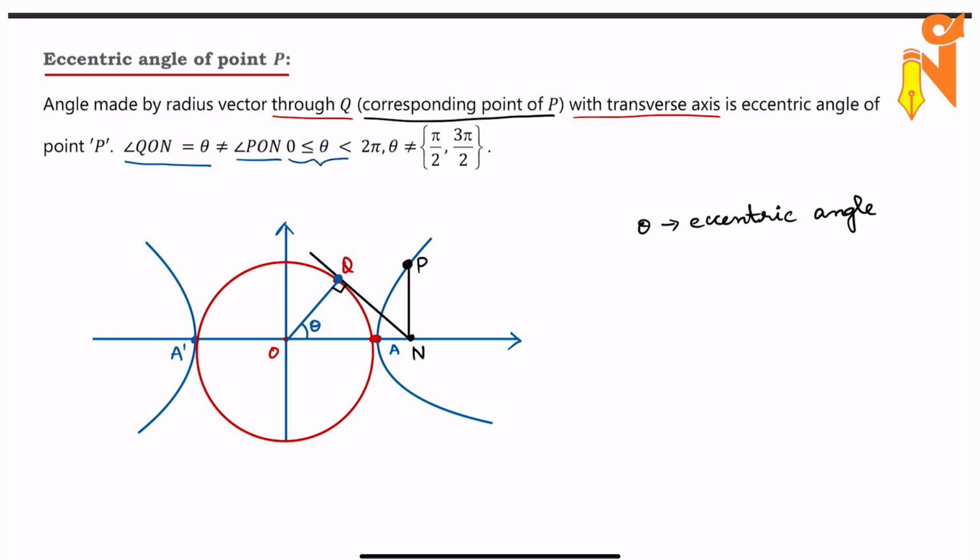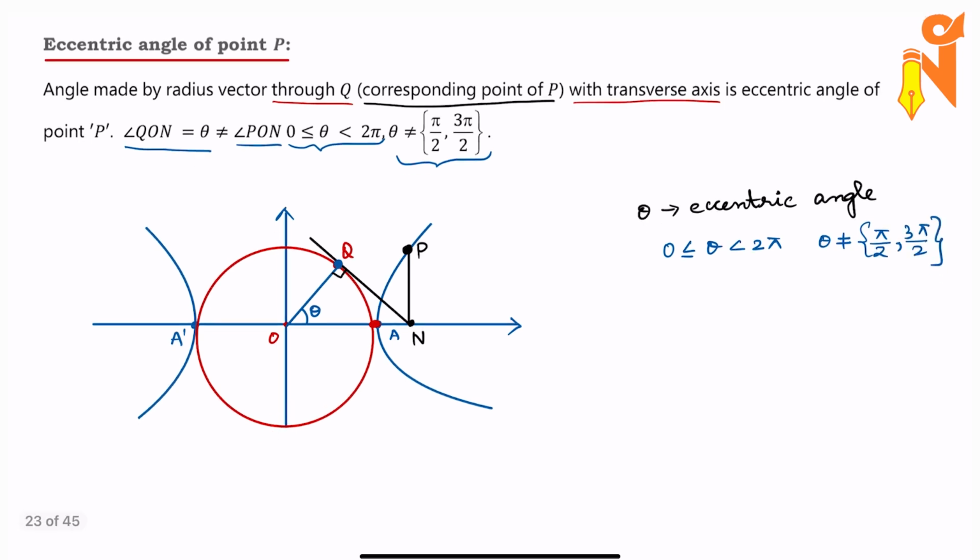And this theta lies between 0 to 2 pi, and theta does not belong to pi by 2 and 3 pi by 2. We'll tell you all the reasons. So theta will lie between 0 to 2 pi except odd multiples of pi by 2.